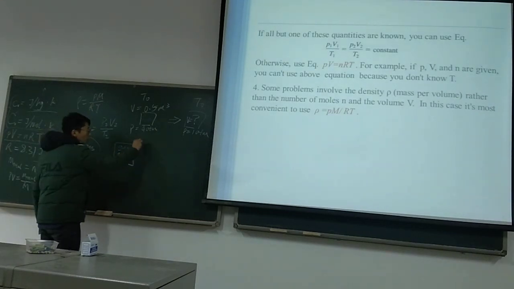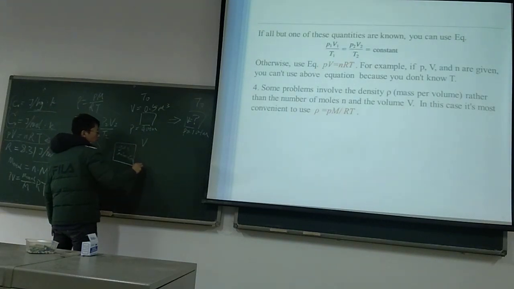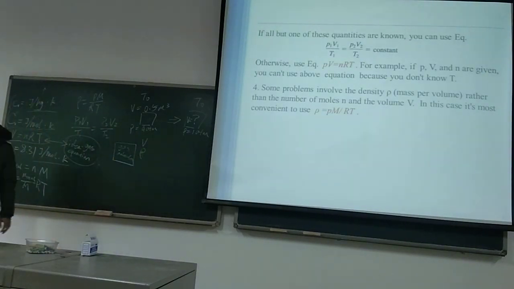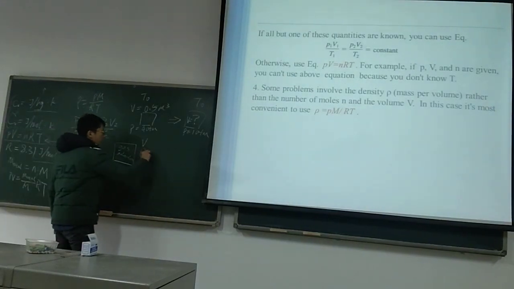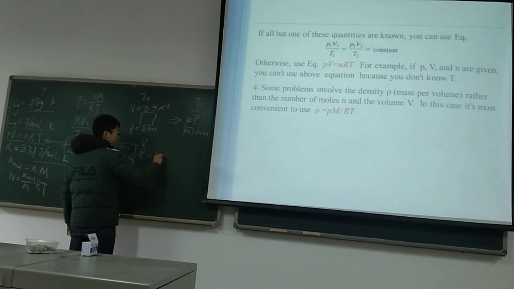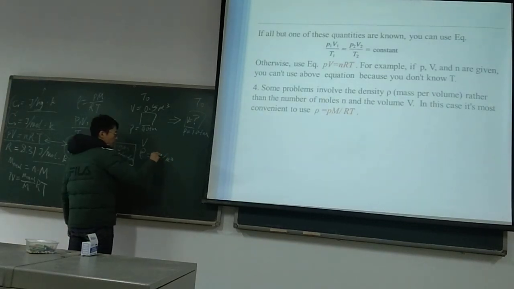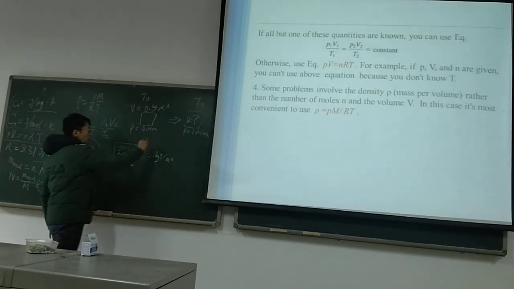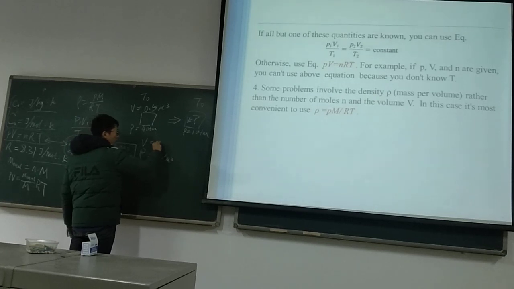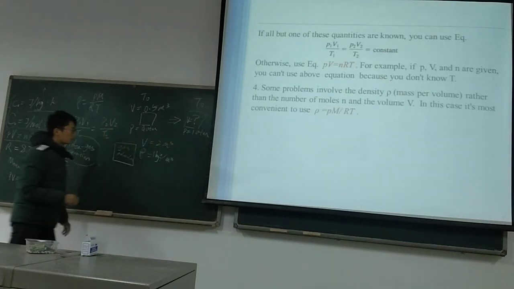If we know the volume of it, and we know the density of it, mass per volume, like 1 kilogram per cubic meter, and the volume we can give a number of 2 cubic meters.